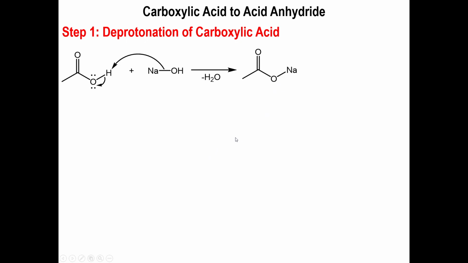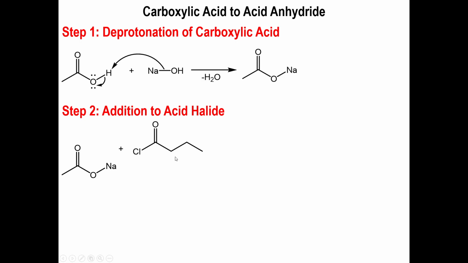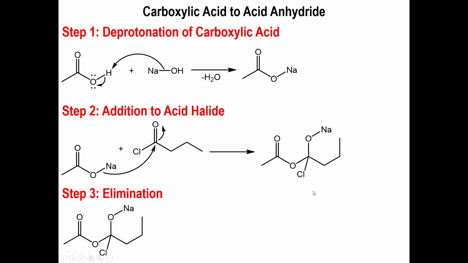And specifically, if you mix your sodium carboxylate with an acyl chloride, like the one right here, right? So we have butanoyl chloride reacting with sodium acetate. Well, the acetate can act as a perfect nucleophile to butanoyl chloride. You attack the carbonyl, you break that double bond to form a tetrahedral intermediate, and then the double bond is reformed, kicking away the good chloride leaving group, right?